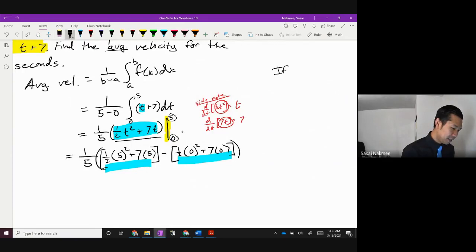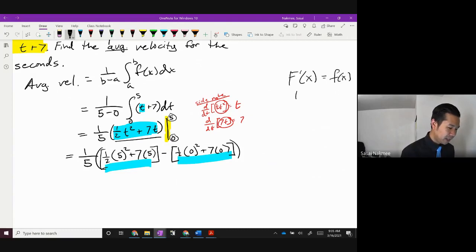If capital F of x, wait. Oh yeah, it had something like this. I'm trying to remember here, how did I teach it to you guys? I told you guys, if I take the derivative of this capital F of x, it's going to be equal to little f of x, right?